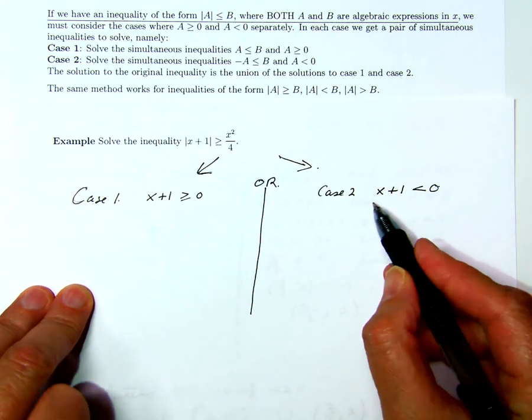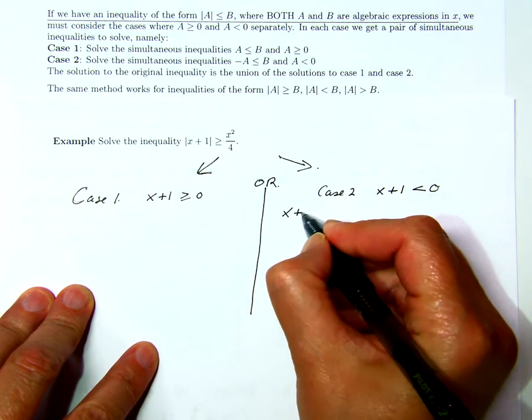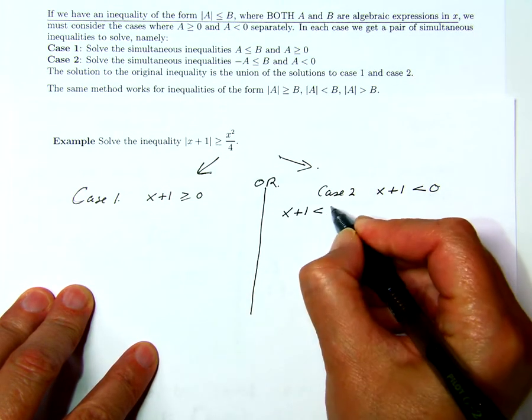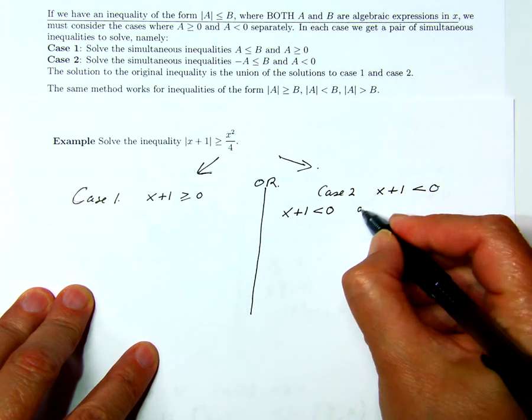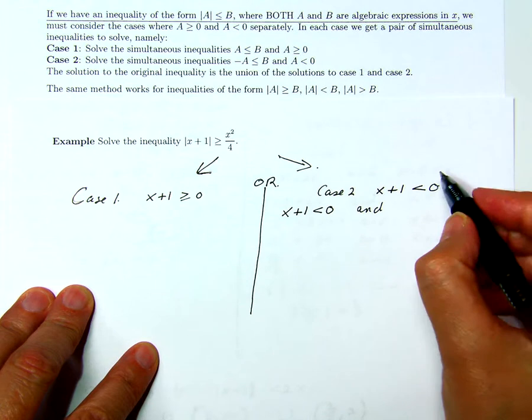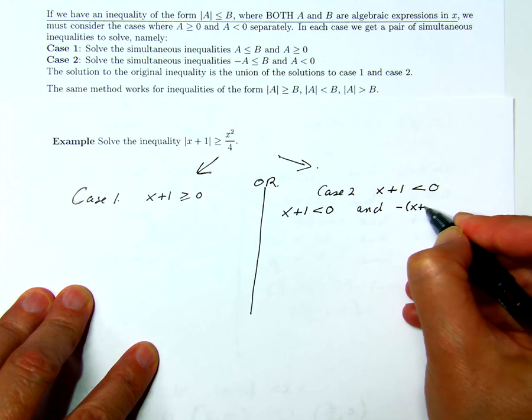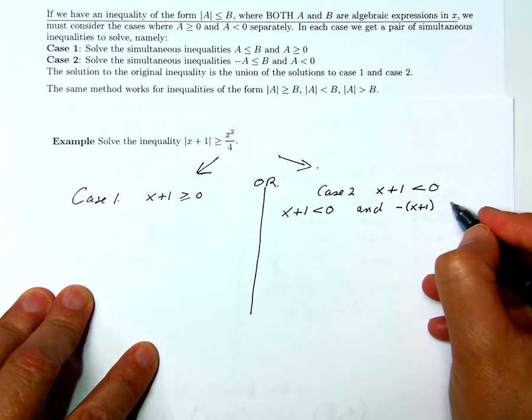If x plus 1 is less than 0, I'm looking for all values of x so that x plus 1 is less than 0 and its absolute value is greater than or equal to x squared over 4. Now the absolute value here is minus x plus 1 because it's less than 0.